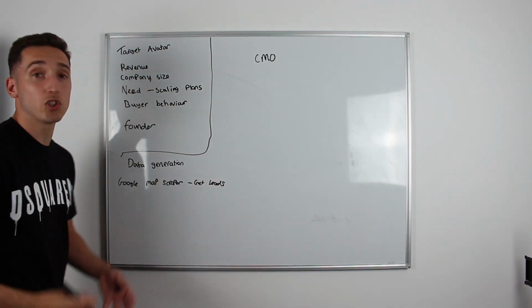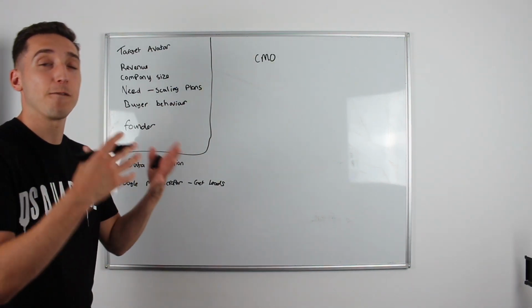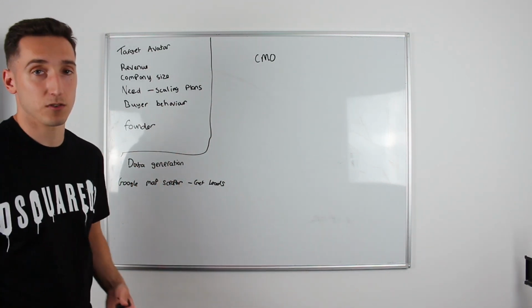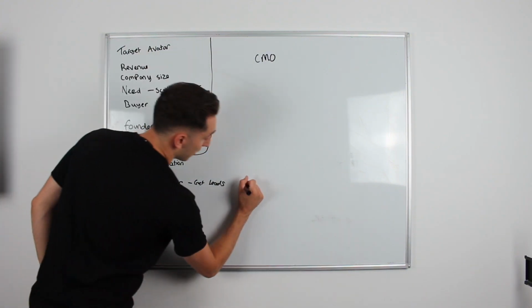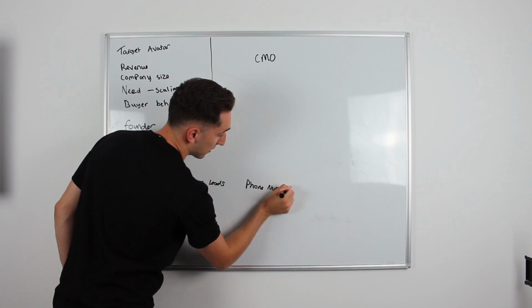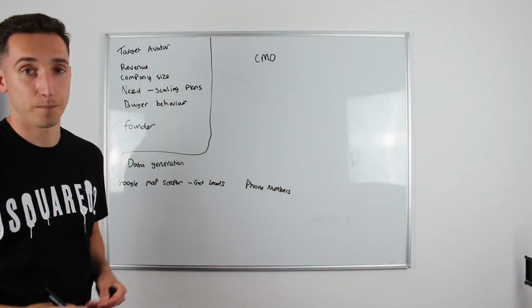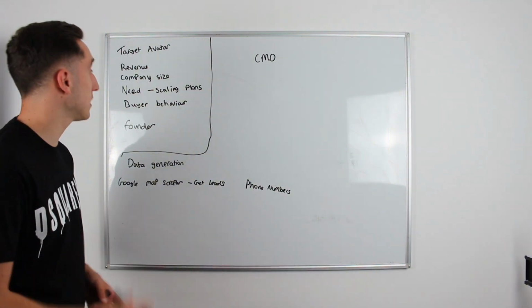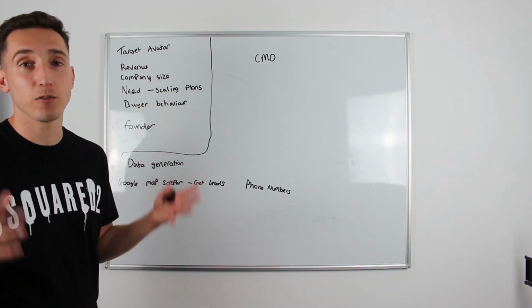Now, leads are just contacts, okay? They are business names, they are phone numbers, they are email addresses. The real thing that we need the most is phone numbers, okay? Because one of the best methods of outreach that we're going to talk about shortly is cold calling. If you are targeting local businesses, cold calling is going to be the main method for you.